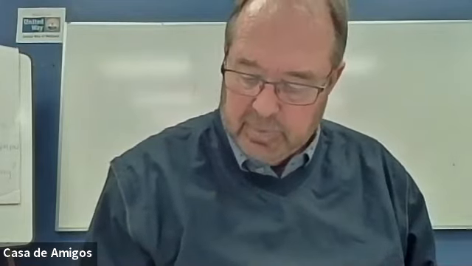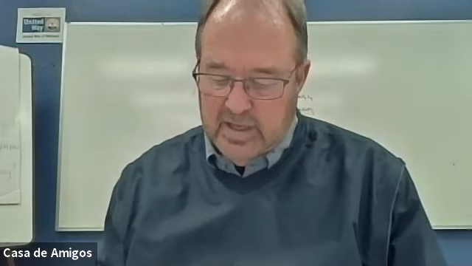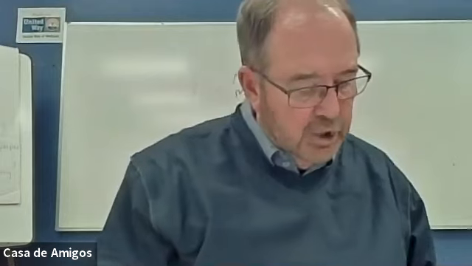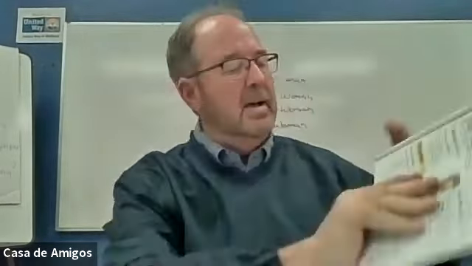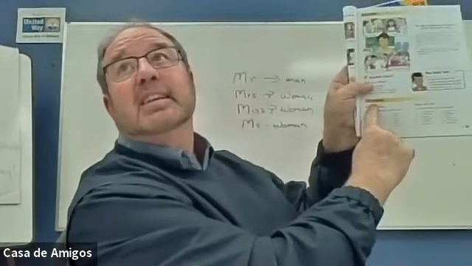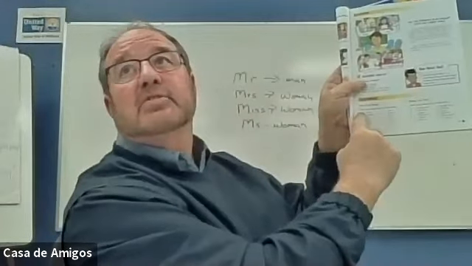Okay, this part requires you to, I'm going to read a sentence and you pick the correct answer. I'll kind of do the first one. I'm talking about here at the bottom where it says listening. It's these right here.